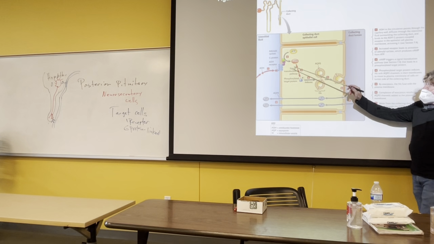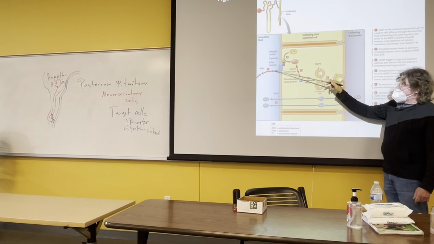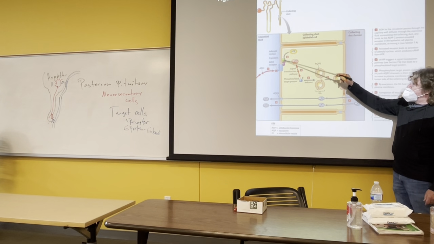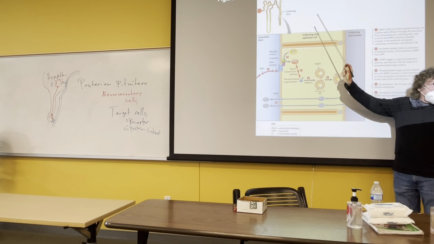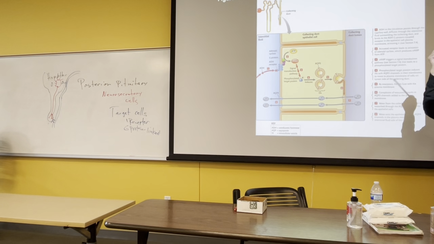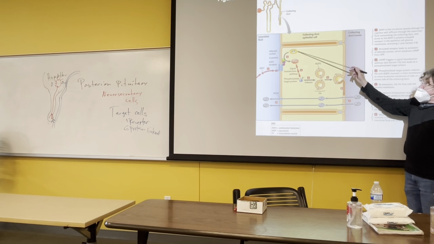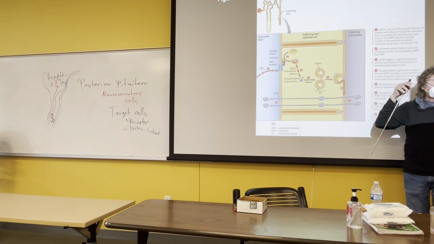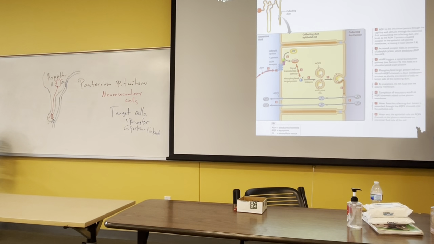So ADH binds to the ADH receptor. There's a G protein that stimulates adenylate cyclase, same thing that I've talked about before, which converts ATP to cyclic AMP. Cyclic AMP binds to cyclic AMP dependent protein kinase. And what do kinases do? They phosphorylate other targets.